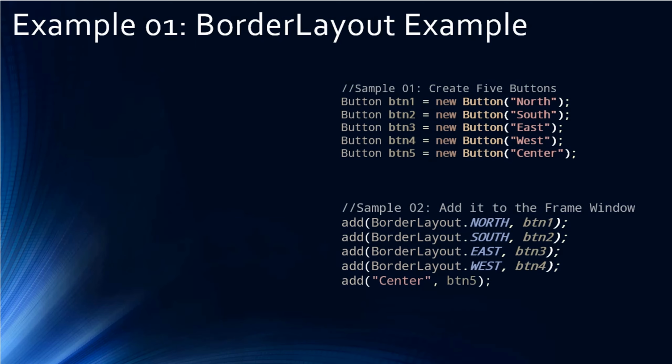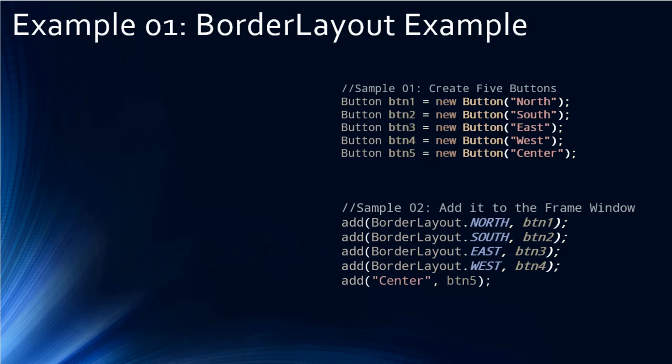Alright, now when we are adding the components to the container, we are specifying the location. If you see, the very first parameter is the location. In the first 4 lines, we specify the location based on the constants from the BorderLayout class itself: north, south, east and west.